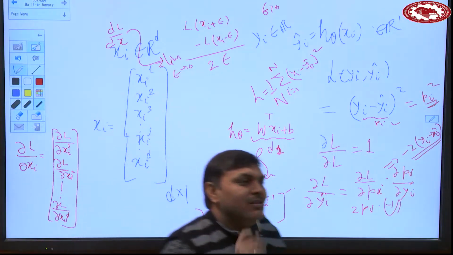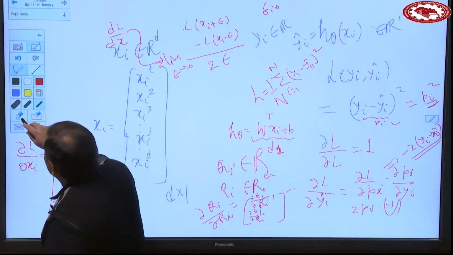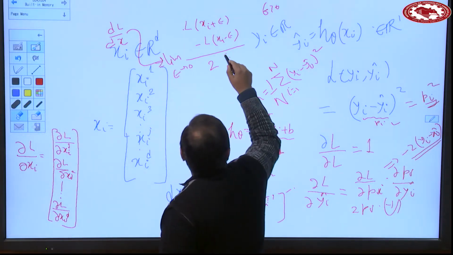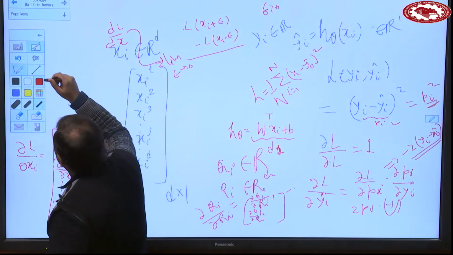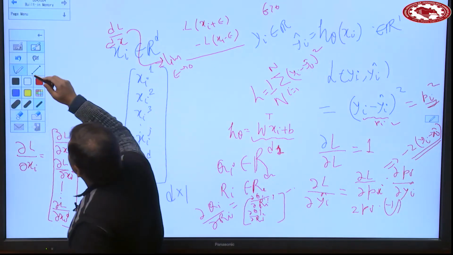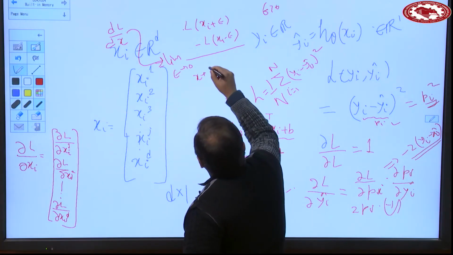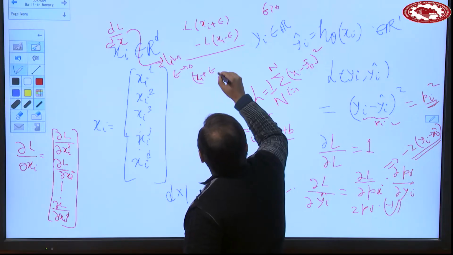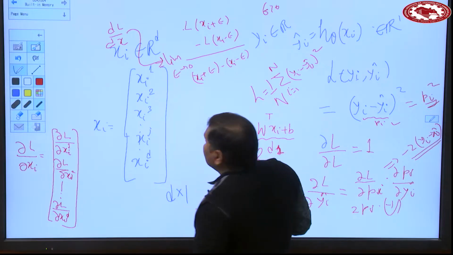This is very basic math, right. Maybe I can write the denominator in a different way, otherwise you will not be able to understand. So this is xi plus epsilon minus xi minus epsilon.